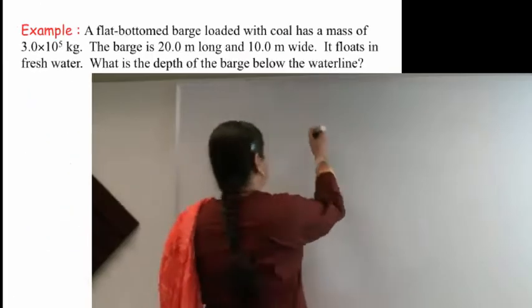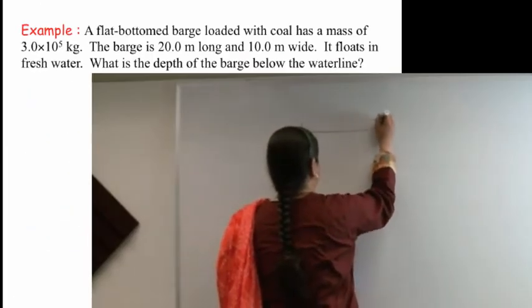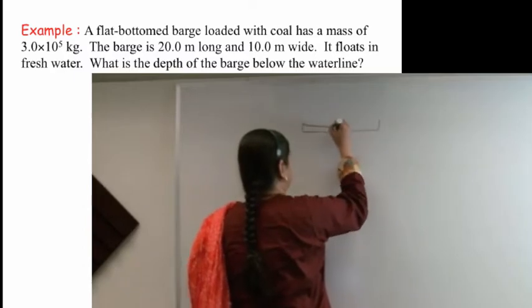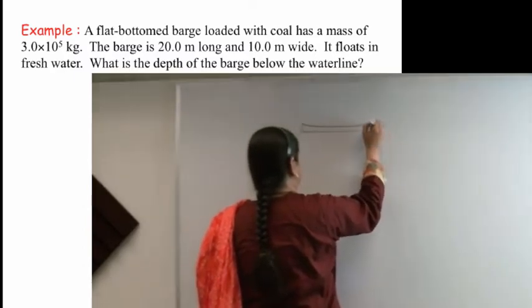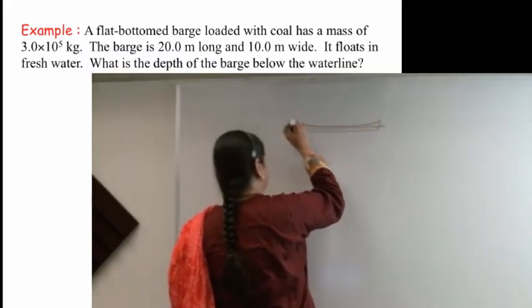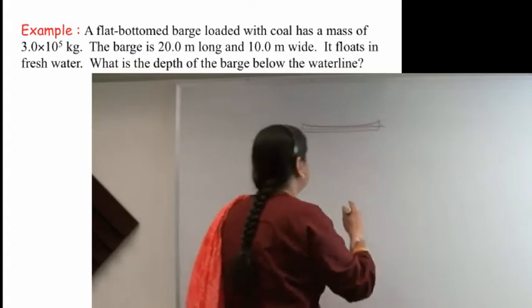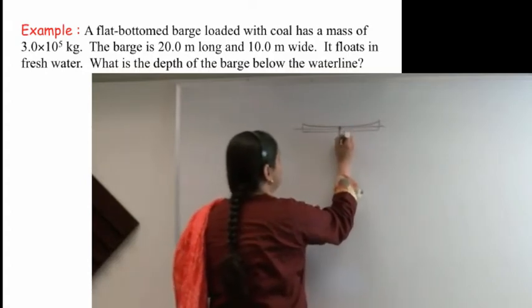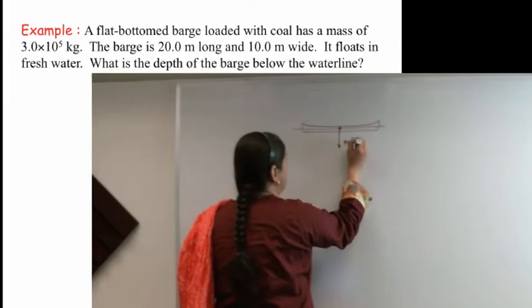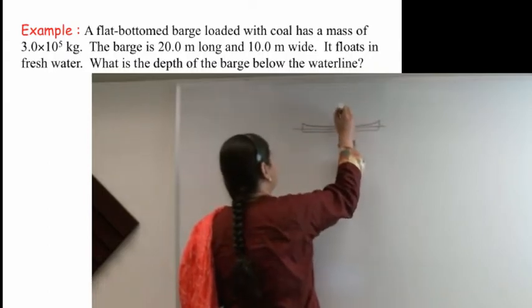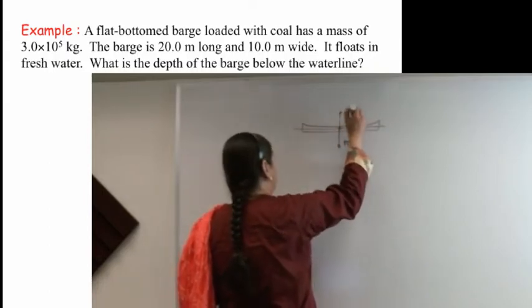In order to do this, let's draw the picture. So here's my barge, and here's where my water level is. Now, what do I know? I know that there is going to be a weight acting downwards, and a buoyant force acting upwards.